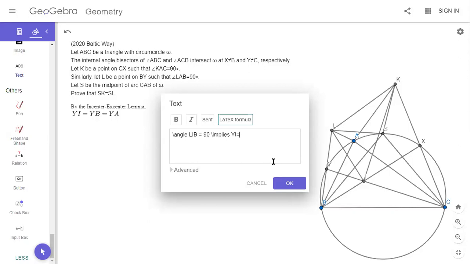YI equals YB equals YL equals YA. So that means LAIB is cyclic with circumcenter Y. All right.